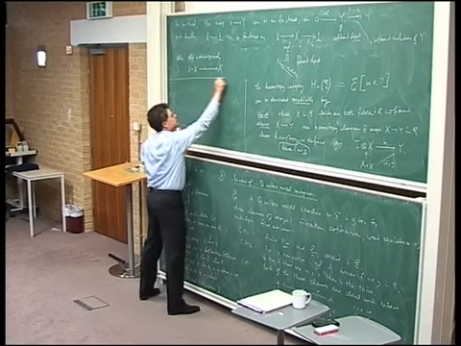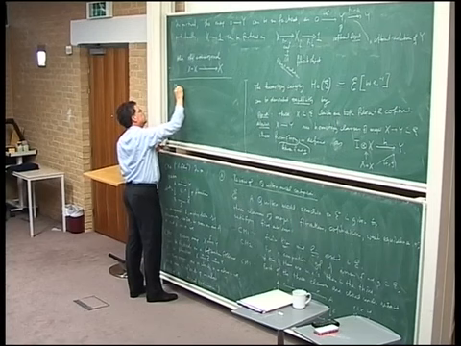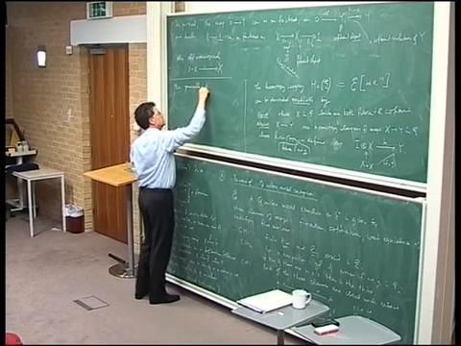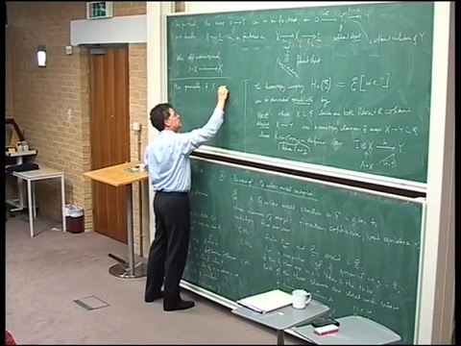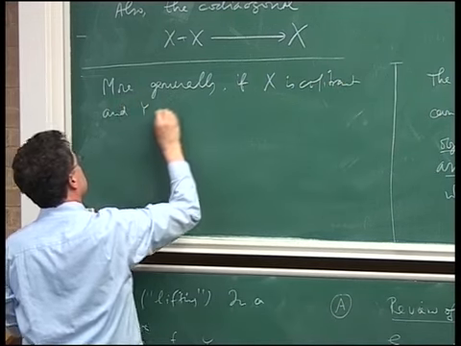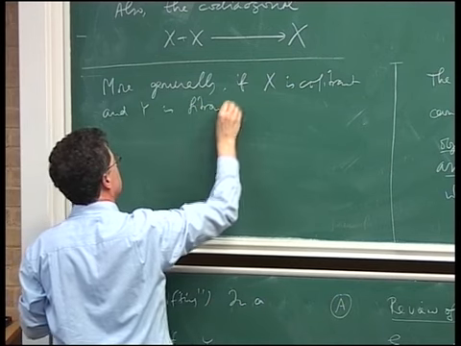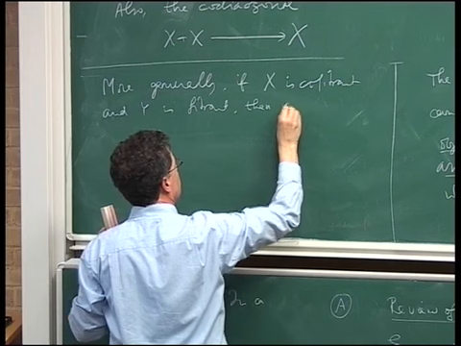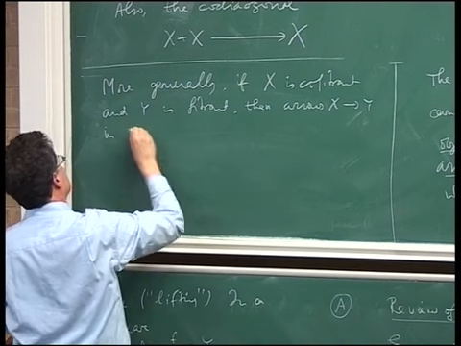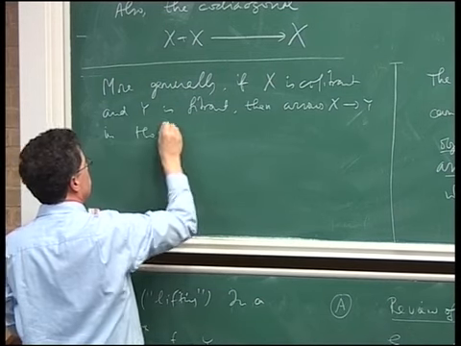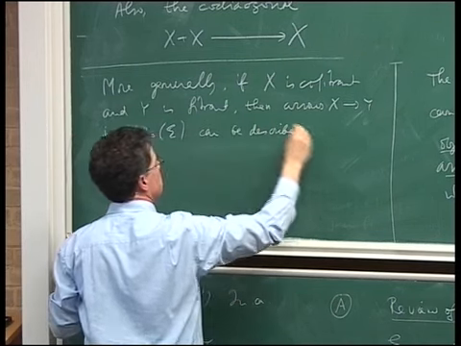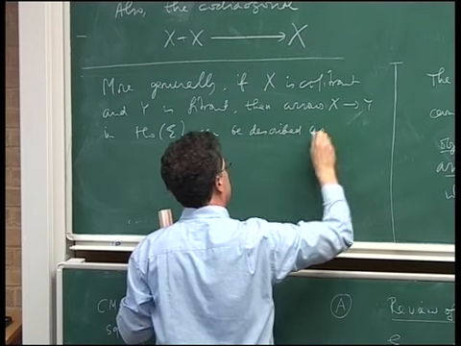So more generally, if X is cofibrant and Y is fibrant, then arrows X to Y in Ho E can be described, or are, maybe I should have said, as such homotopy classes.